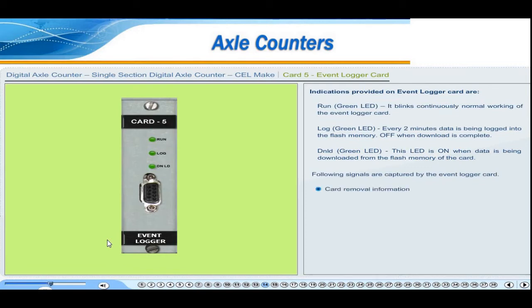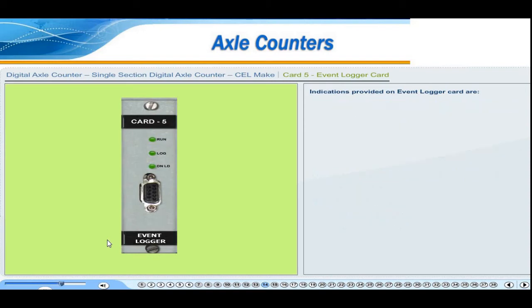Card removal information, serial packets from MLB1 local unit, MLB2 local unit, remote unit, communication failure, and composite information from MLB1 and MLB2. The event logger card has a rapid processor and 2 MB flash memory to store packets.